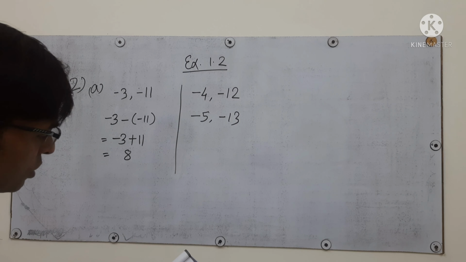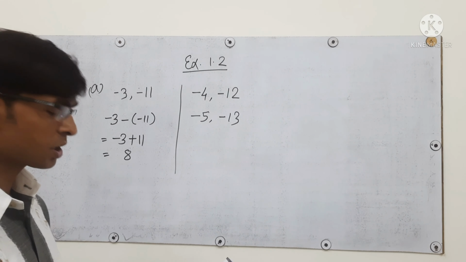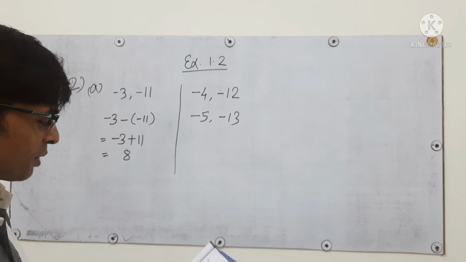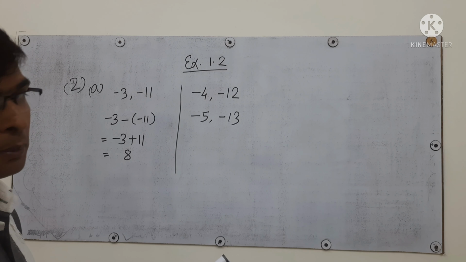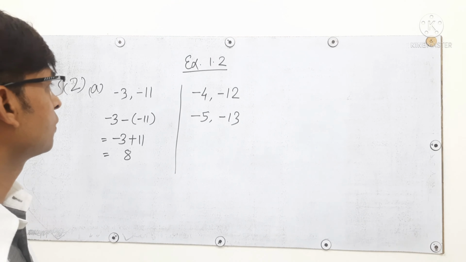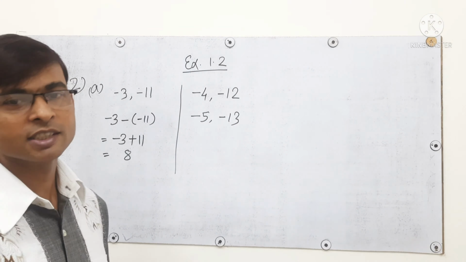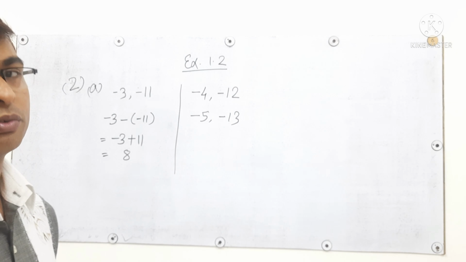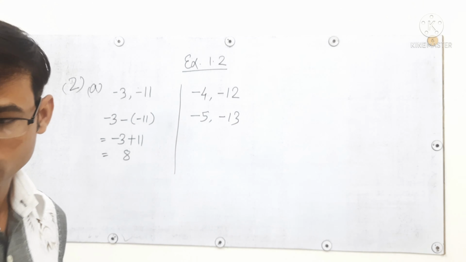These questions are very easy, and question number 2 part B and part C you can do on your own. I am not going to solve them here. You will do them with your own choice.